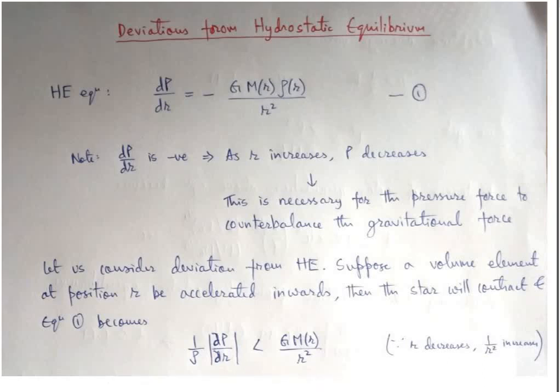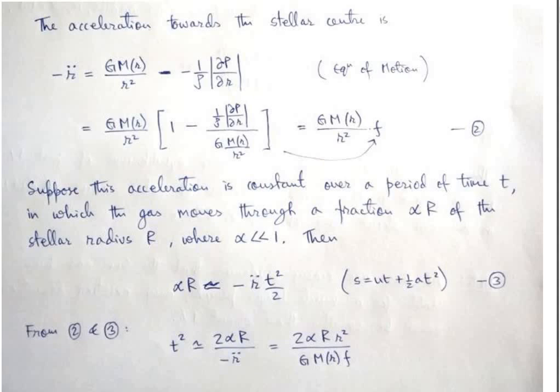How? You see, as r decreases, 1 by r square increases. So this side becomes greater.